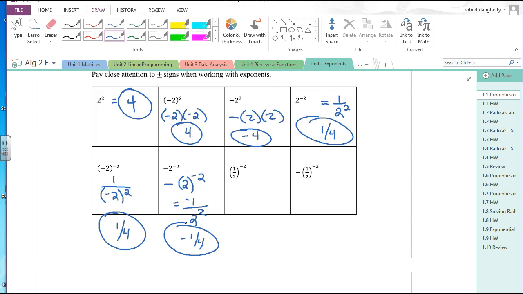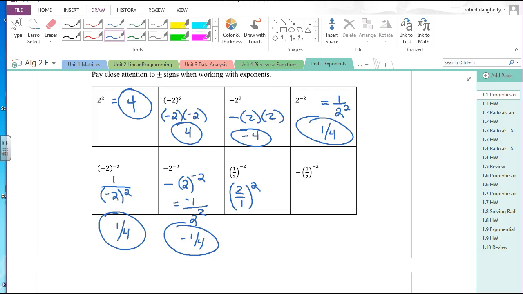What about 1/2 to the negative 2? How do I deal with that? Yeah, so I can write this. This is the same as 2 over 1 to what power? When I flip the fraction, I can change that exponent, because if you think about it, 1/2 to the -2 is 1 to the -2 over 2 to the -2, which is 2 squared over 1 squared, which is 2 over 1 squared.